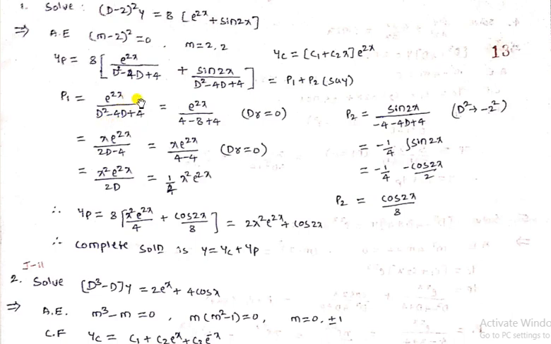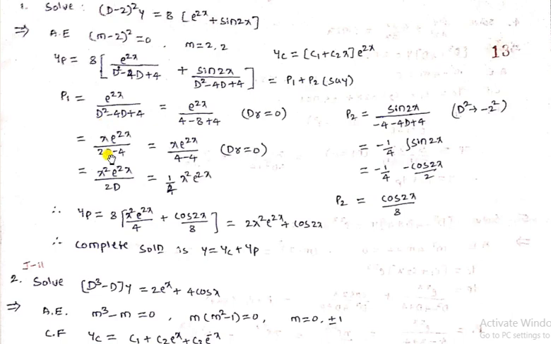Here the function is exponential, so we will apply the type 1 particular integral rule. Replace D by the coefficient of x, that is 4 minus 8 plus 4, so the denominator becomes 0. If the denominator is 0, then differentiate the denominator term.